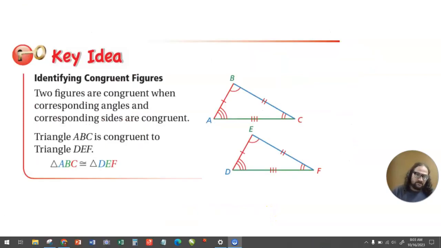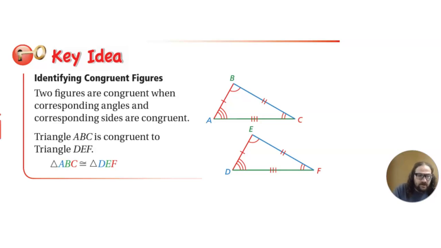Here's a big idea. Two figures are congruent when the corresponding angles and the corresponding sides are congruent. So if you see shapes or figures that have corresponding sides congruent and corresponding angles congruent, then you can say that the whole shape is congruent to the other one.